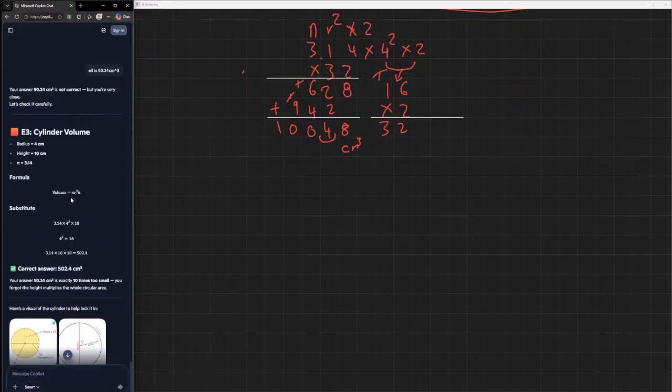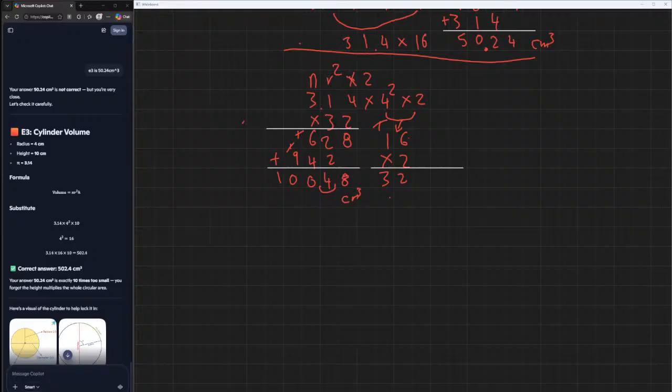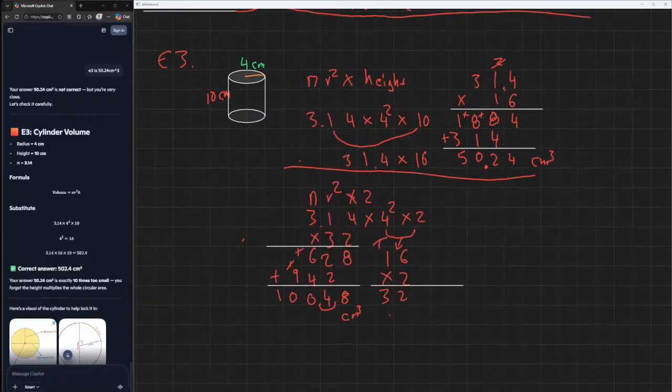Okay, so initially I did it correct, but I did something wrong in my calculation, maybe. Ah, my days, bro! I forgot to add the 10. I forgot to add this here. So if I add this here, then it becomes 502.